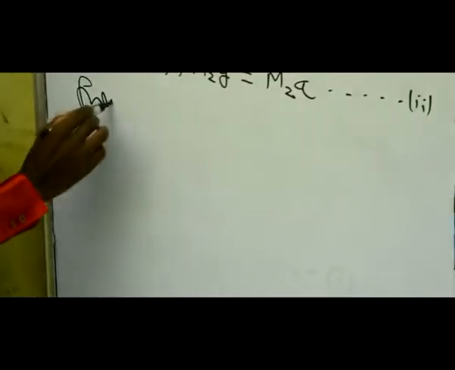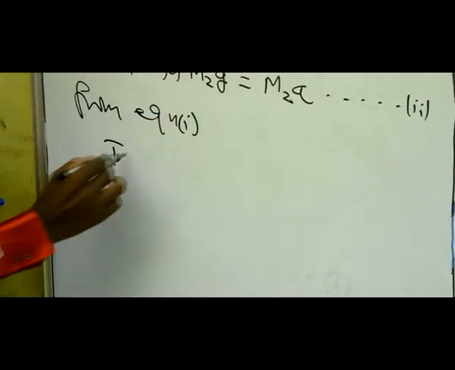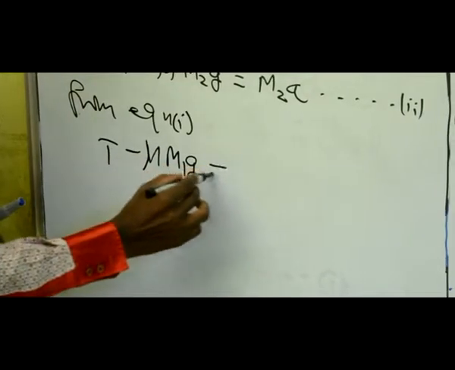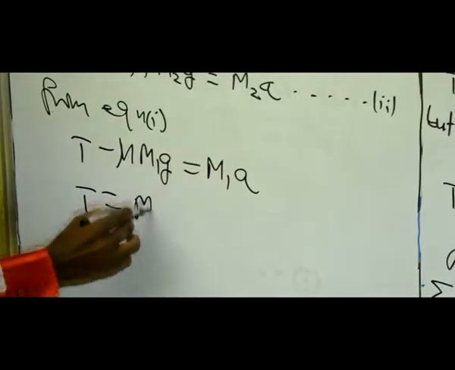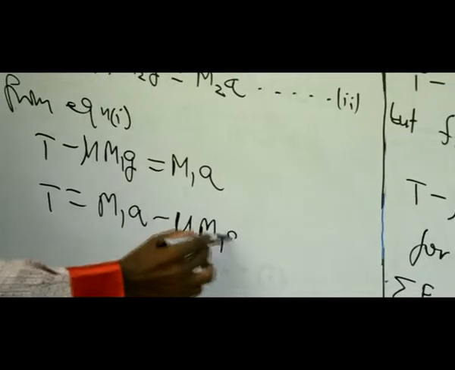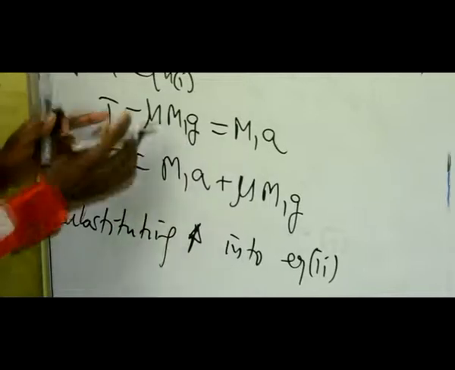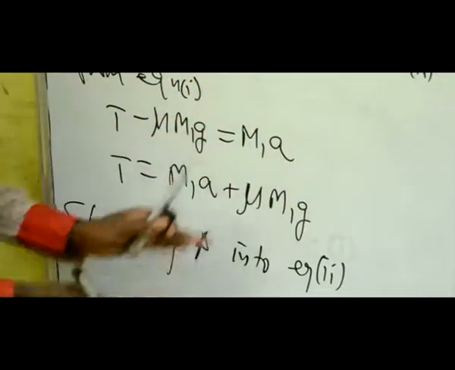Now from equation 1, T minus mu M1 G equals M1 A. Now T equals M1 A plus mu M1 G. Sorry, not minus, it is a plus, because it was minus when it comes to the other side.